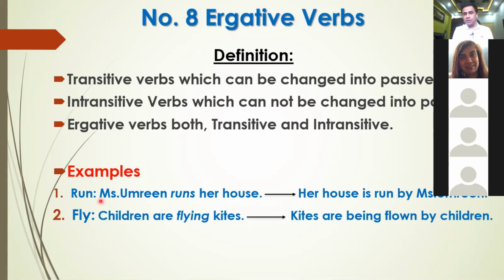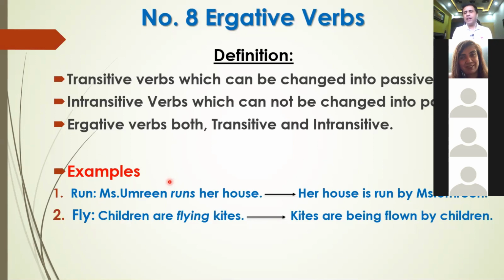So I hope you understood. When a verb can be changed into passive, it's called transitive. When it cannot, it's called intransitive. And a verb that sometimes can and sometimes cannot be changed into passive is called an ergative verb.